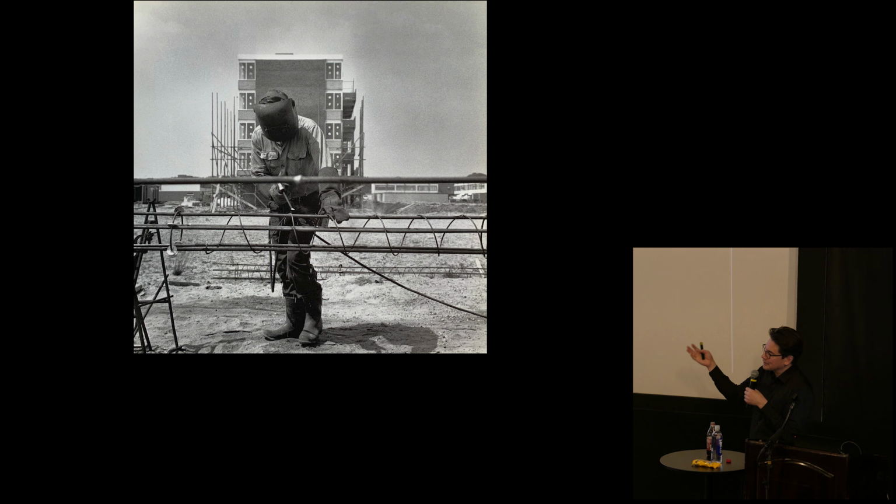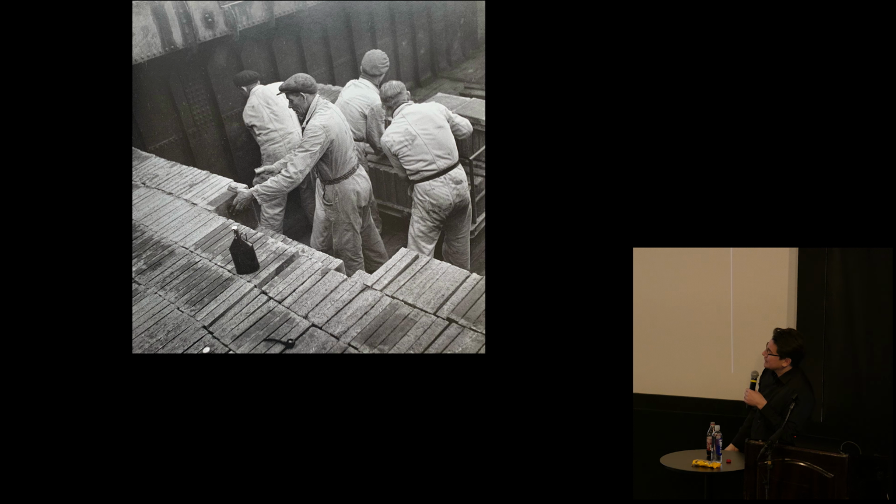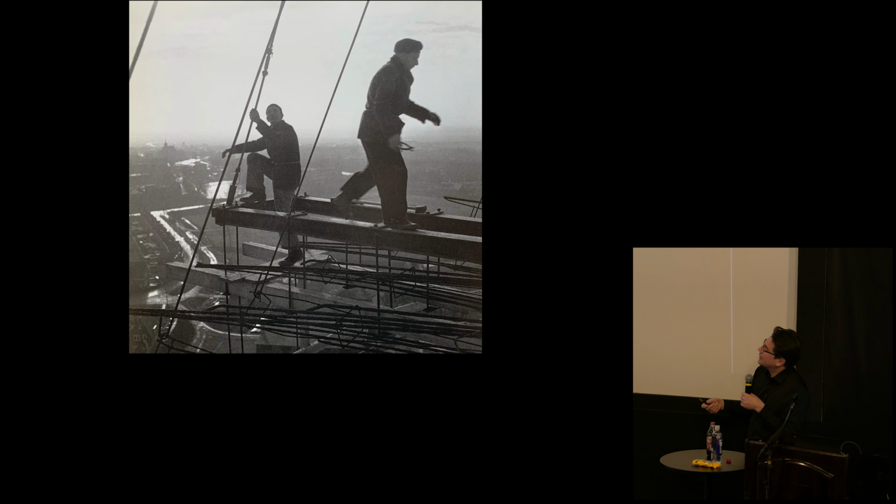I've been collecting photographs of builders. These were actually taken by my great uncle, Cas Oorthuis. He was photographing the construction boom in Holland after the war as they were trying to rebuild. Some of these pictures could have been taken yesterday. Some things about construction don't change at all. Some things change a lot.